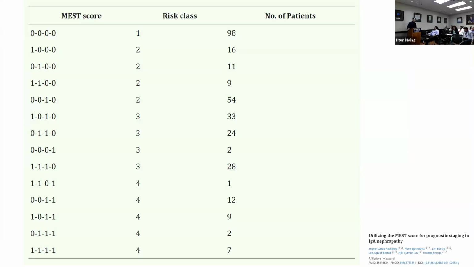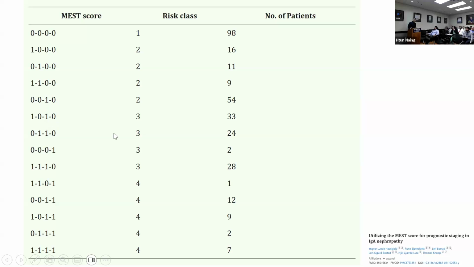If you have 0, you probably have 0 chance to become ESRD in 5 years. If you have M1 and E1, you are at risk class 2. But when S is involved, you don't necessarily need any other thing; you can have risk class 2.